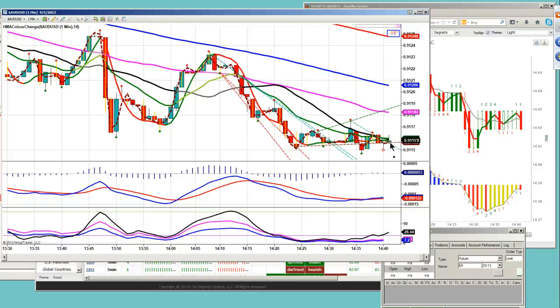Is there an advantage to trading on the Forex? Well, for Americans, you're going to pay slightly higher margins, so the futures are lower margins than the Forex side. But the nice thing about the Forex is you're not going to have filling issues that you could have in the futures. When you enter, you're going to get filled, whereas sometimes you can get left in the dust on the futures, especially on the fast moves.